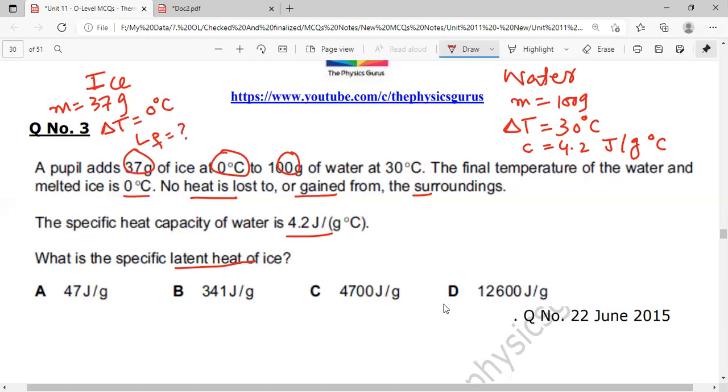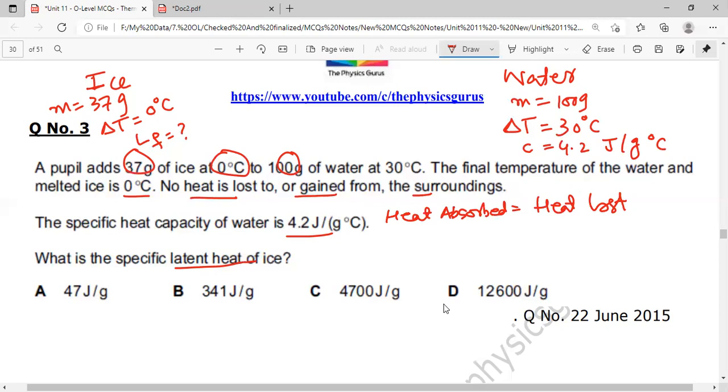Since it is given that no heat is lost to or gained from the surroundings, it means heat absorbed is equal to heat lost. Definitely ice will absorb the heat to melt, and water will lose heat in order to lower its temperature.